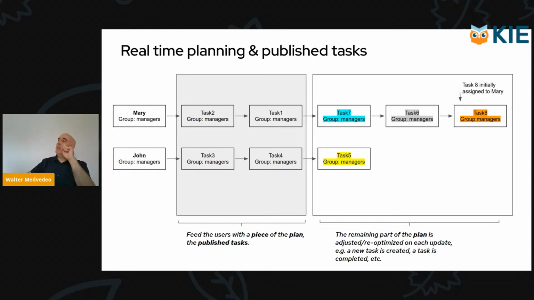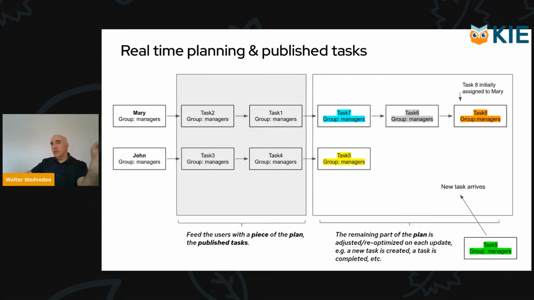So imagine here that we have this situation and a new task has arrived, right? Here we can see, for example, that task 8 at this moment is assigned to the user Mary. When this new task arrives, OptaPlanner will detect that a new task was produced and a new optimized plan will be calculated.